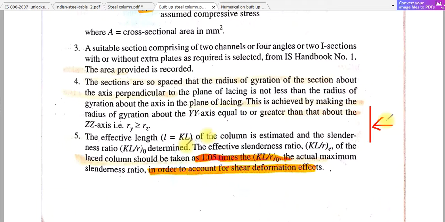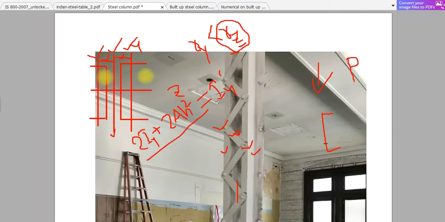Then the next point is how can we find the spacing. Okay, so what I said here is that we have to place this channel section in such a way that we can increase the radius of gyration. Okay, so to what extent can we increase it?